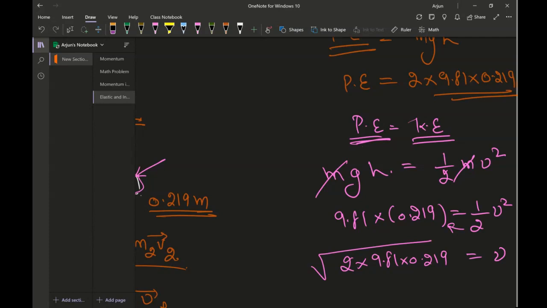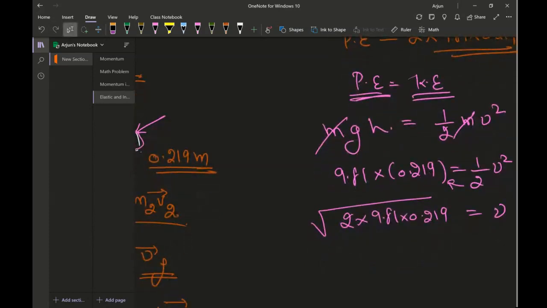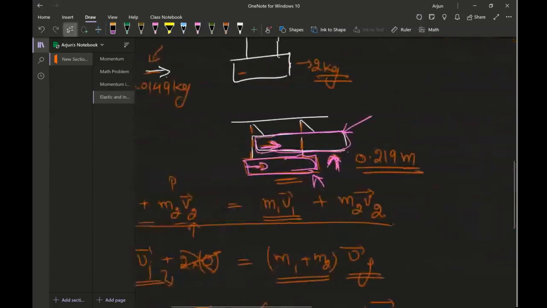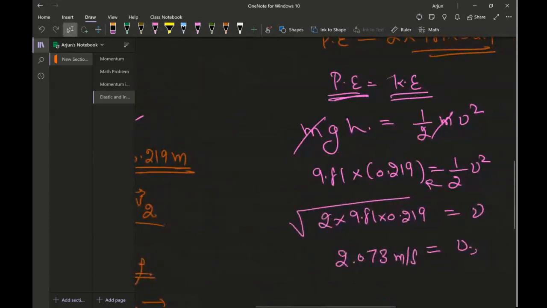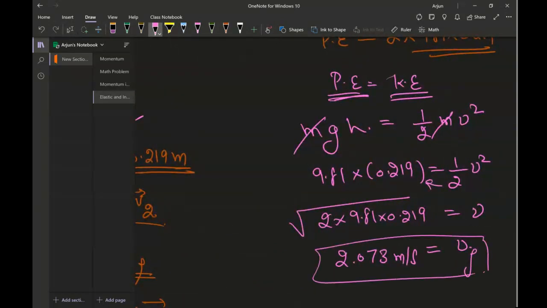That velocity comes out to be 2.073 meters per second. This is the final velocity after the impact. So we've been able to find the final velocity.